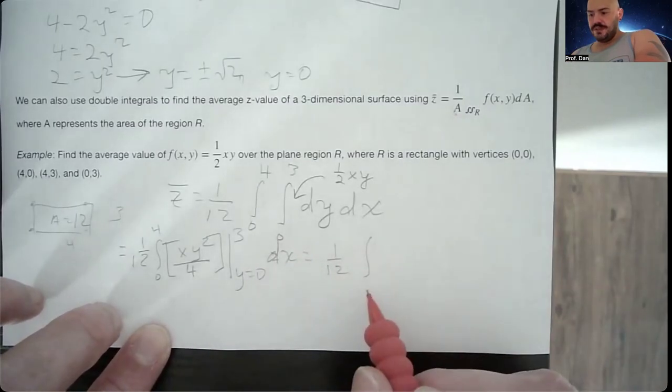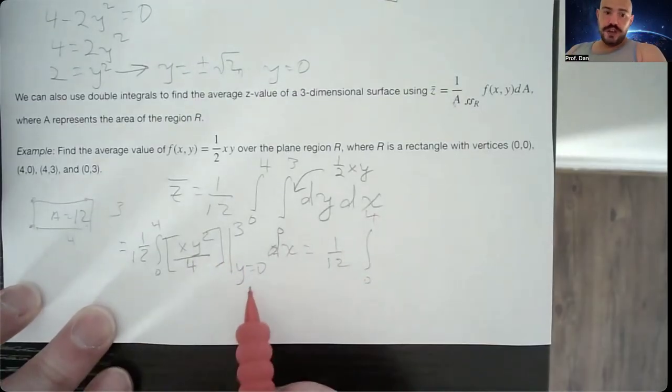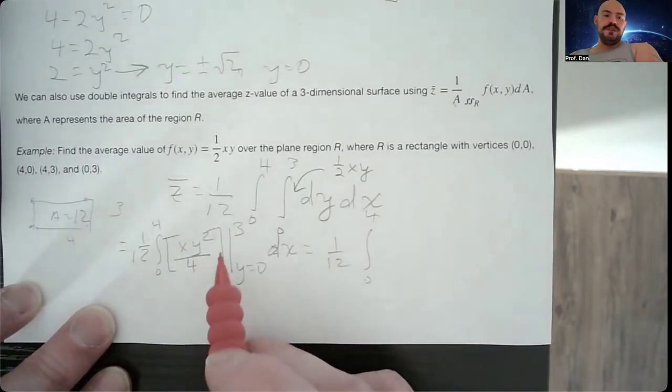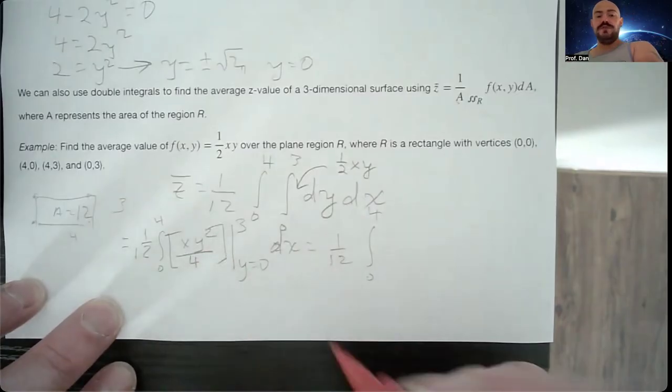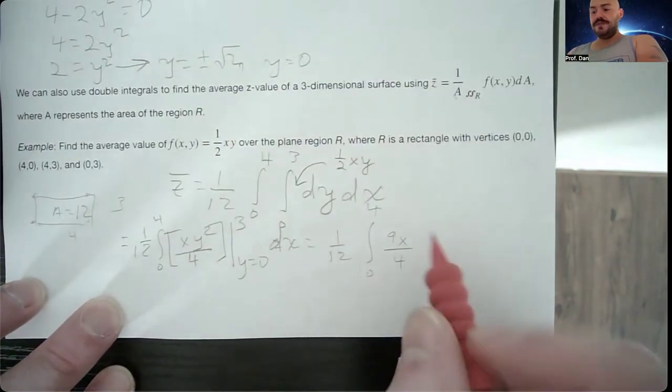When I evaluate at these endpoints, remember these are plugged in for y, so we get x times 3 squared over 4 minus x times 0 squared over 4, which will just give me 9x over 4.